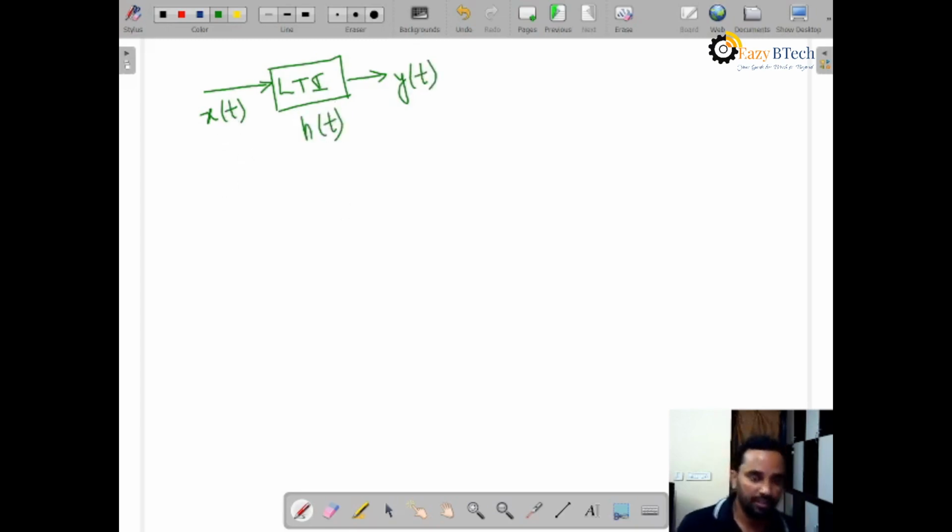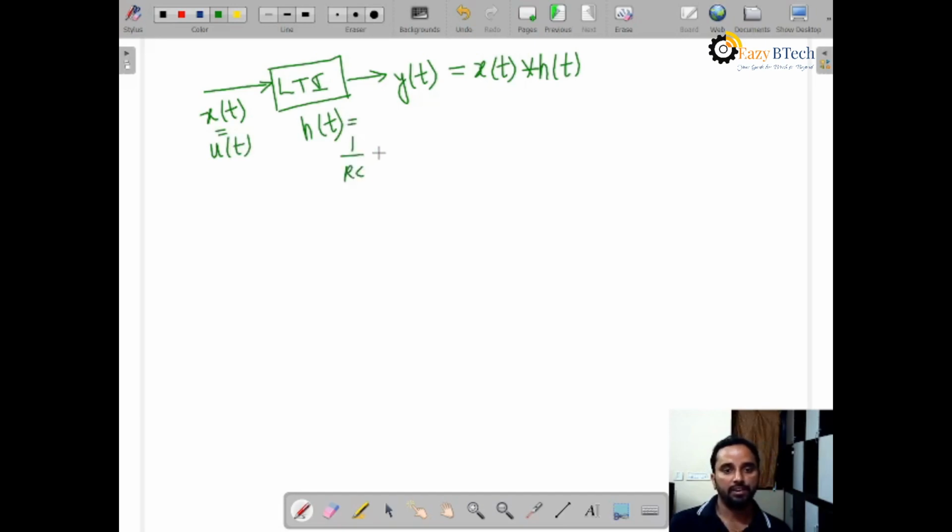So in the place of x of t we have u of t. In general the output of a linear system y of t is equal to x of t convolution h of t, right or not? So in the place of x of t we are taking u of t, and in the place of h of t we already know 1 by RC e to the power minus 1 by RC t u of t.